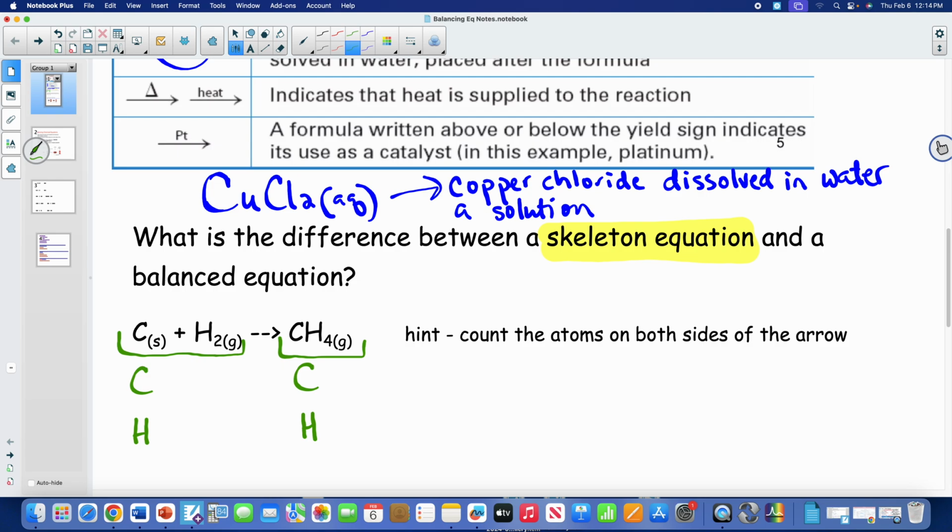How many carbons do we have on this side? One, right? If you don't see a subscript there, it's understood that there's just one. How many hydrogens? Two. Okay. Over here, how many carbons? One. Hydrogen? Four. Okay. Do we have the same number of atoms of both elements on both sides? Okay, so this is a skeleton equation.